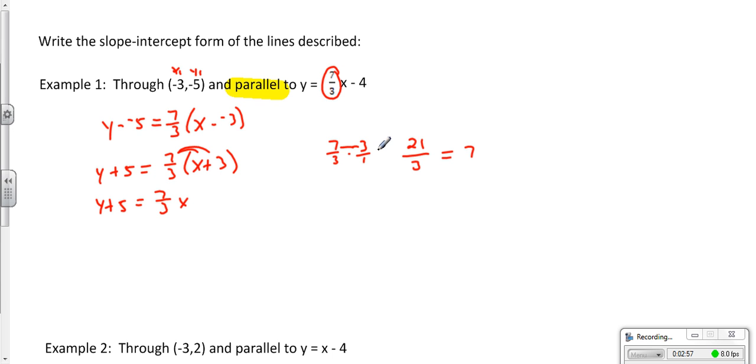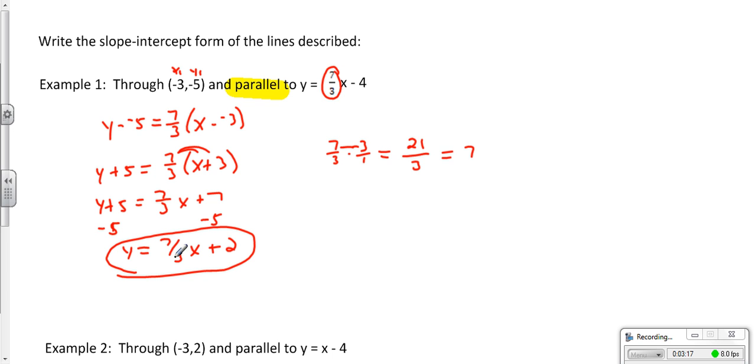And that comes out to be 7. So plus 7. Subtract 5. Again, I'm looking at like terms here, so I cannot put that with the x term, and that gives us this equation. That line is parallel to this line and goes through that coordinate.